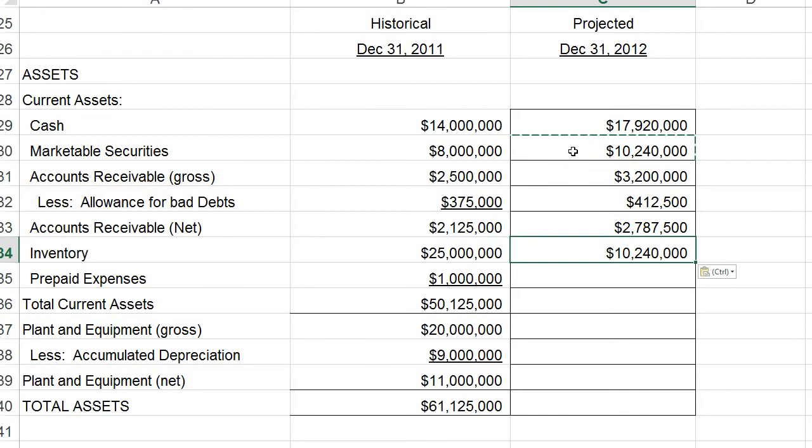Again, inventory is an increase, and so is prepaid expenses. Hold on, did I make a mistake? Let me just double check. Yes. I'm making all the mistakes that you guys usually make in the test, so I'm making them for you. All right. Nope.